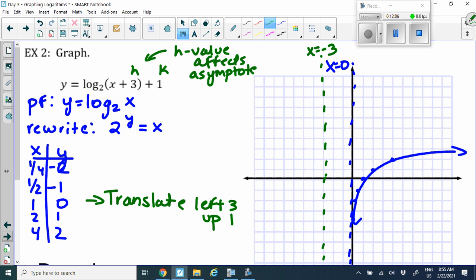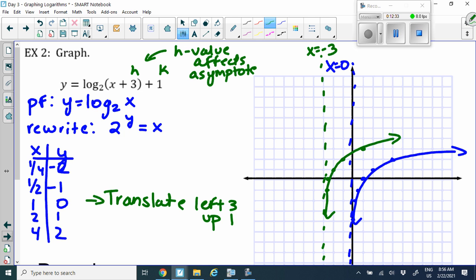So then from there, I go and move everything to the left 3. So 1, 2, 3, and then up 1. Over 1, 2, 3, up 1. Over 1, 2, 3, up 1. There we go. So now my green is the original function I should graph.